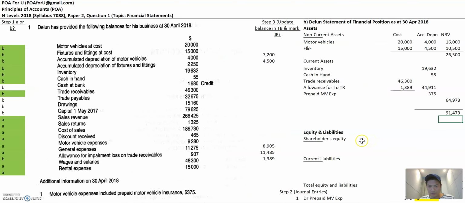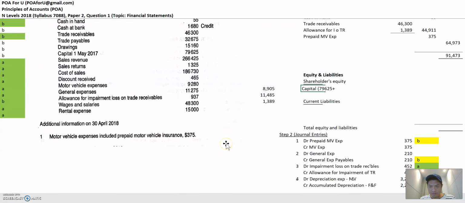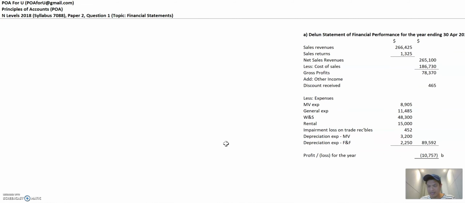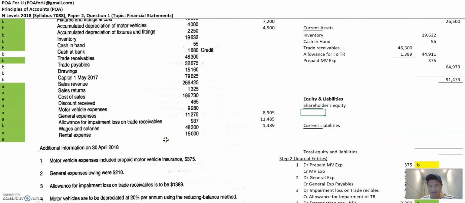Okay, so let's go back to shareholders equity, and we have drawings and capital, right? These two items. So the ending capital is always beginning capital. Here we have 79625 plus profits or loss, profits for the year, but in this case it's a loss, so we got to less 10757, right?